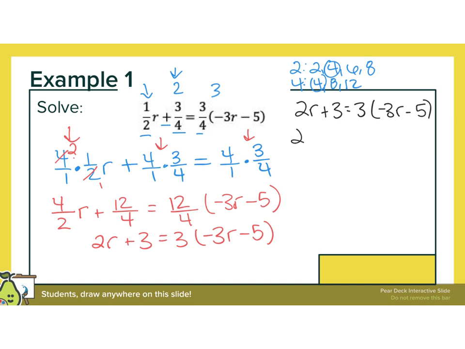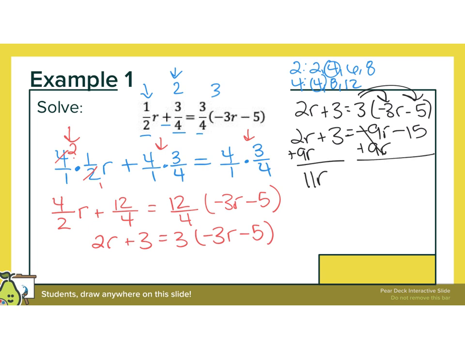So bring this down, 2r plus 3, distribute the 3, negative 9r minus 15. Get the variables on the same side, move the smaller one. Negative 9r is smaller, so I'm going to add 9r to both sides. These are gone. 2 plus 9 is 11. Bring down the 3, bring down the negative 15.